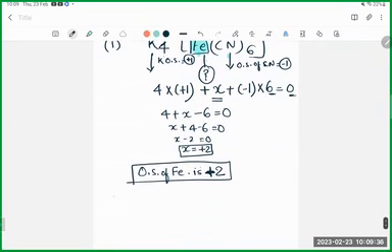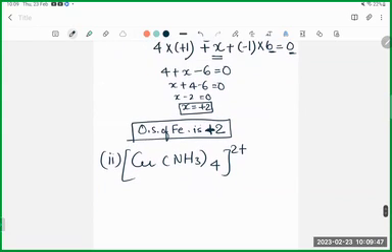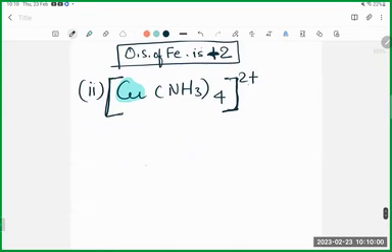Okay. The next one: [Cu(NH3)4]2+. Let's see this example. Because the entity holds 2+, it means the complex sphere is holding 2+ charge. Then the central metal atom is copper and the rest are ligands. So copper we have to calculate, let this be x.